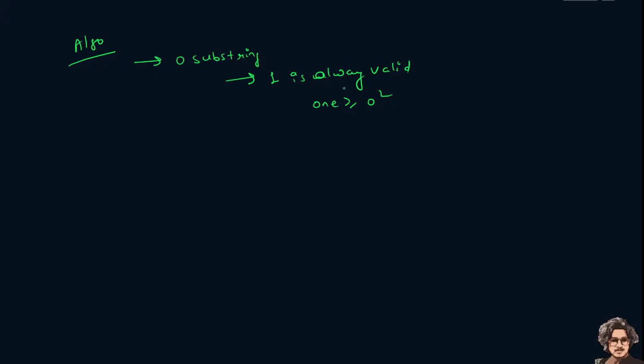So we count and store the indices of all the zero characters. We make a zeros array in which we store the indices.